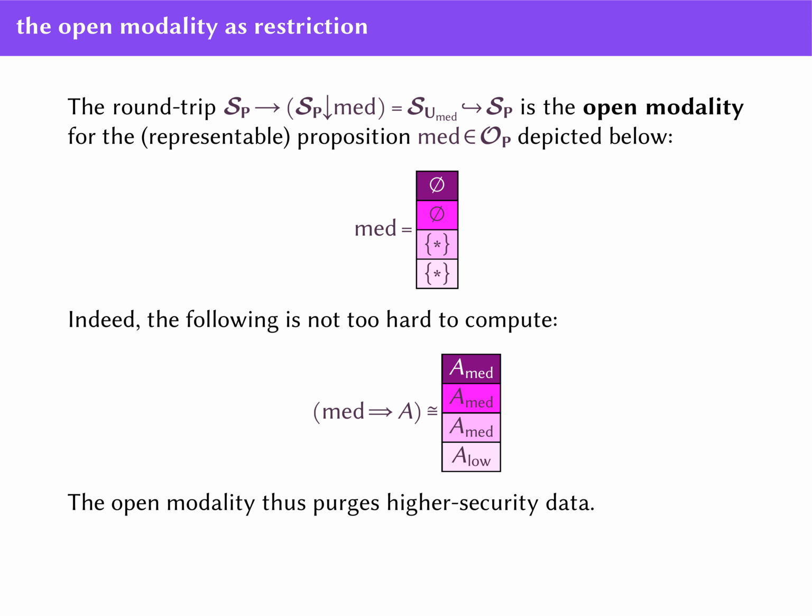If we view the medium security clearance as one of our pills, it has empty extent in the top and high security clearances and trivial extent in the medium and low security clearances. Thus, it is not difficult to show that the open modality can be computed by the exponential. The open modality should be thought of as purging high security data and replacing it with the limit of low security data.